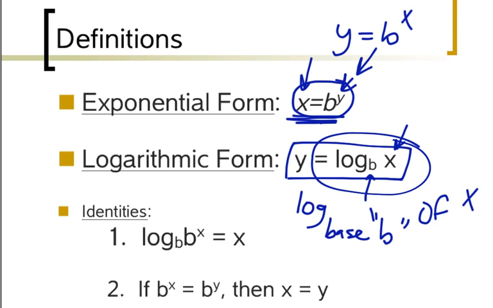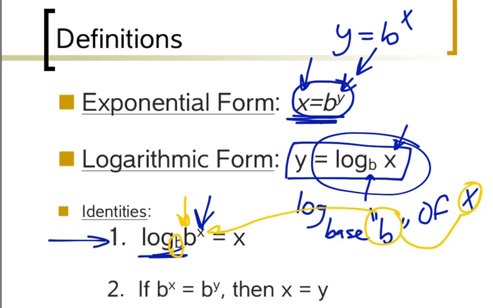Okay, now you've got two identities. This one, this is log base b of b to the x power. Whenever you have a base that is the same as the number that's right here, so it's log base b of b, when it's the base and what you're taking it of are the same thing, then whatever the exponent is on the number, that is the actual answer of the logarithm.